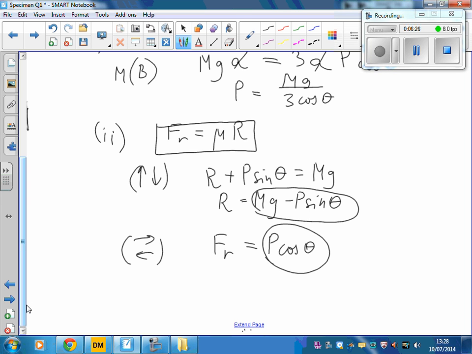By doing this, we have the following: P cos theta equals mu times mg minus P sine theta.